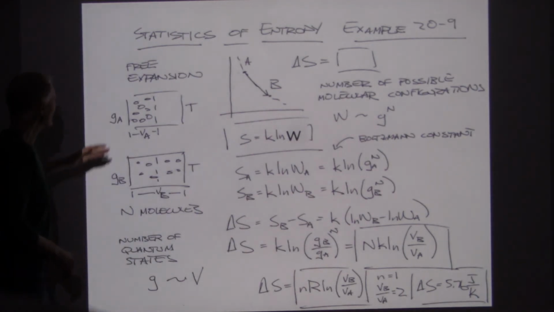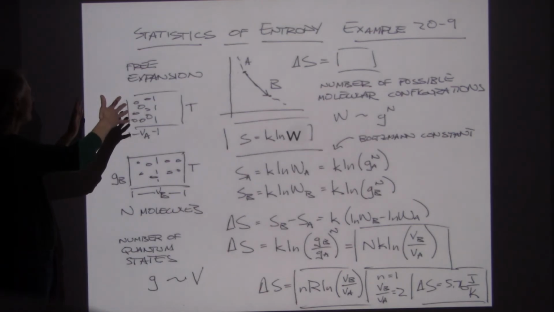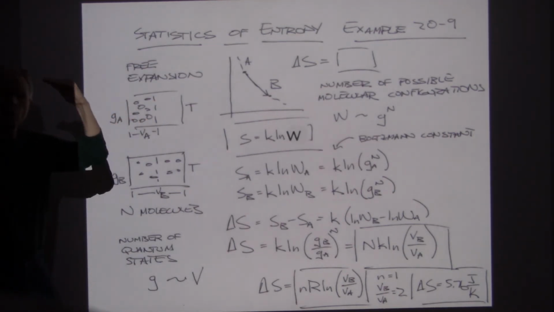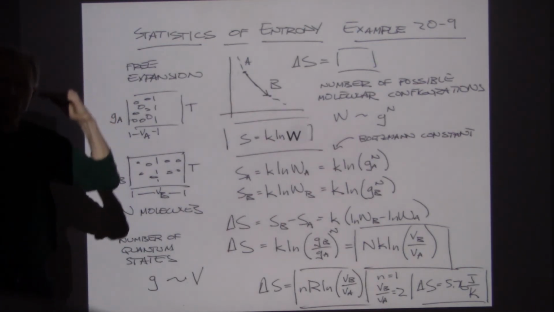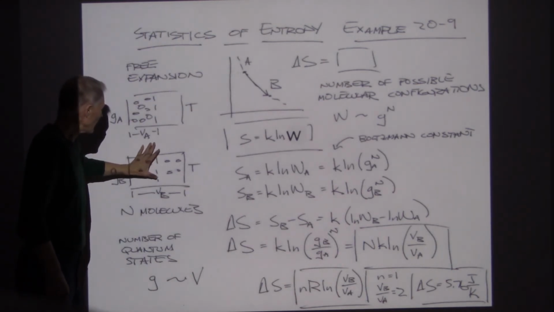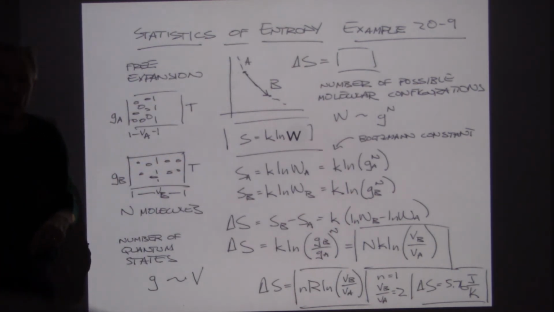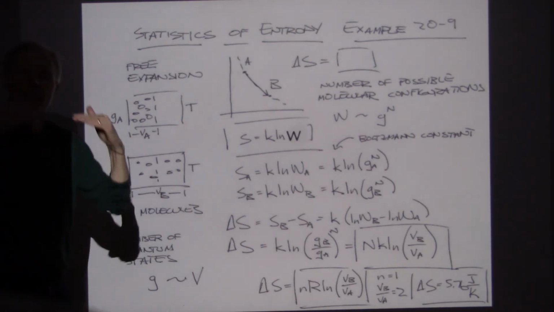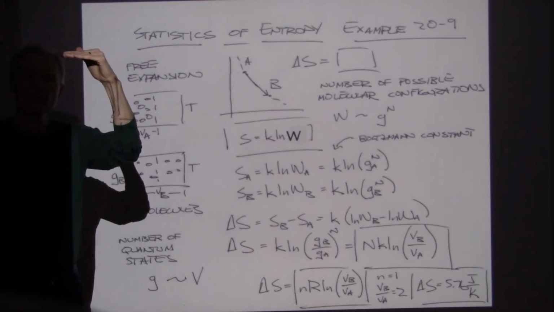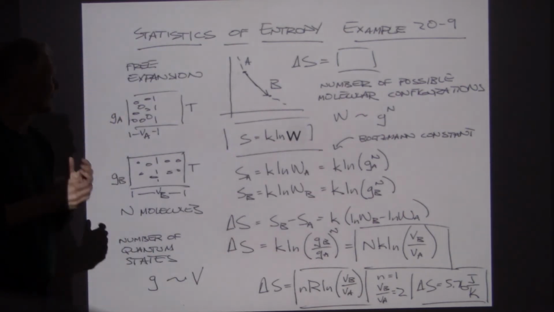And if we have one side of the container that the molecules are confined to, there's a series of different energy quantum states, different energy levels and numbers of quantum states. If we now allow twice as much volume, then if we go up to different energy levels available to the molecules, there's twice as many quantum states available as they used to be.